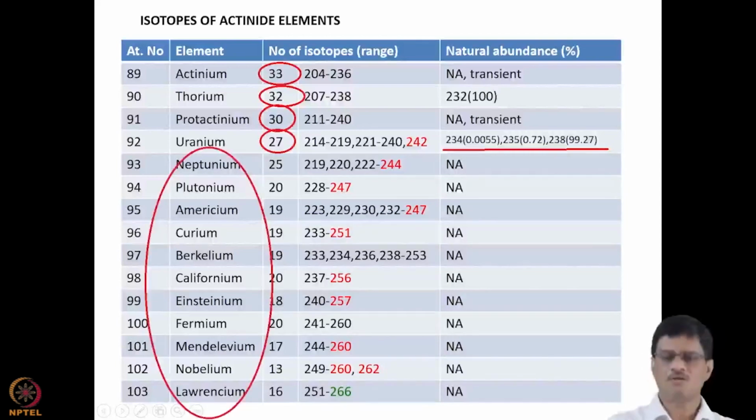Now all these heavier actinides, starting from neptunium, are man-made. Similarly, for the man-made actinide elements, the number of isotopes is listed in this table.